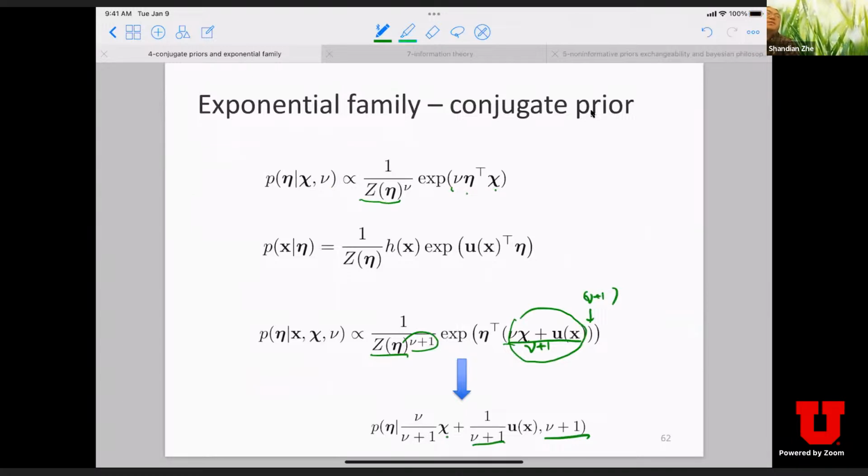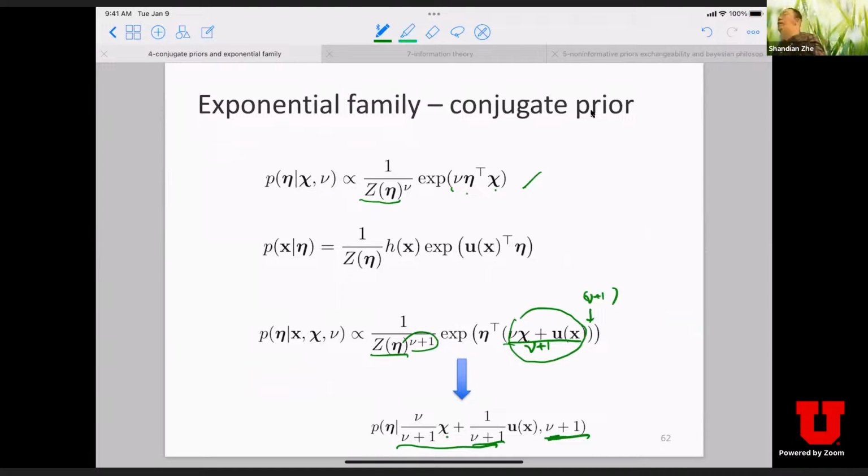We can observe that first, the nu parameter increases by 1. You can view it as a pseudo count of the examples. In the prior, I believe that my examples have been observed nu times, so it's a pseudo count.